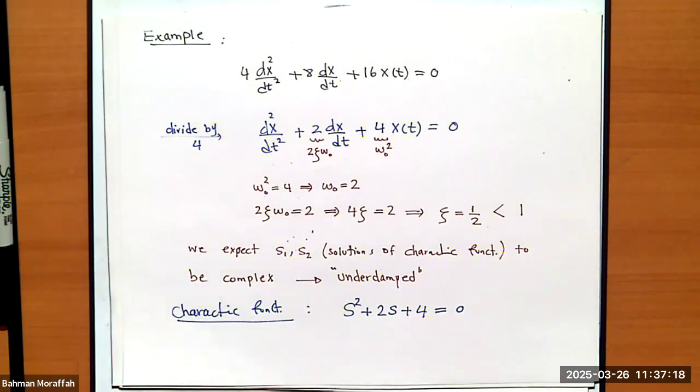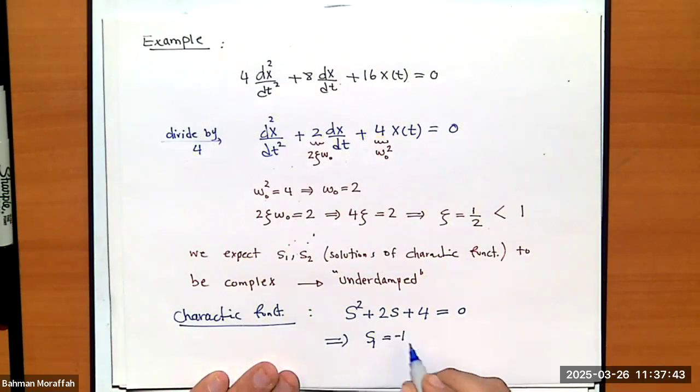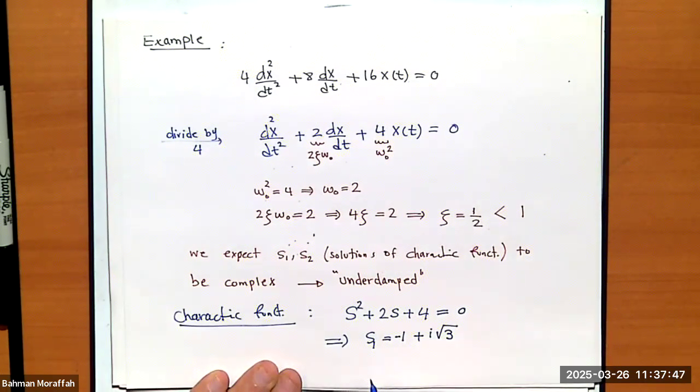I know the general formula for this. If I have a s squared plus b s plus c equals 0, I know I have 2 solutions. And my solutions are minus b plus minus the square root of b squared minus 4ac divided by 2a. I can plug it in here, and I get my solution S1 to be negative 1 plus i square root of 3.